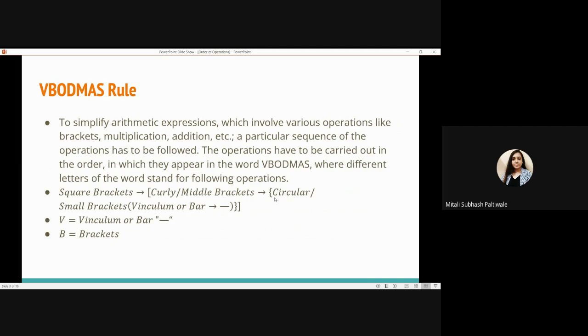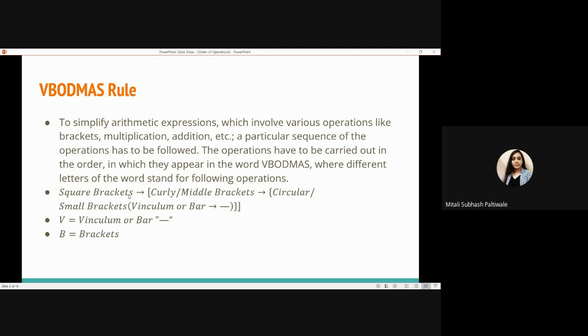To carry out that sequence, there is a rule known as the VBODMAS rule, where every different letter stands for a different operation, and even the brackets play a very important role. So now let's get on to that and look at this.